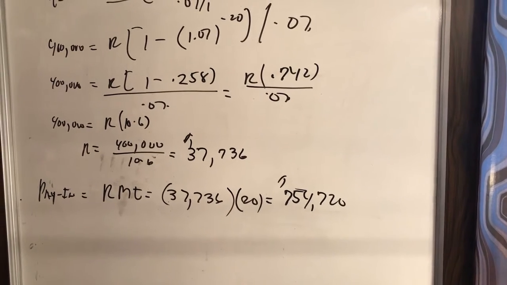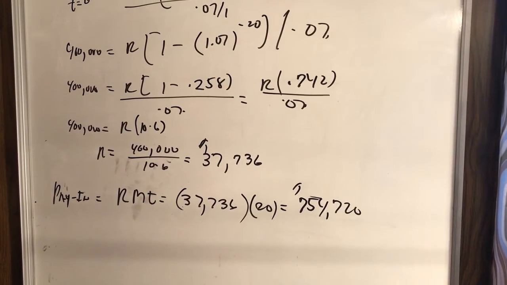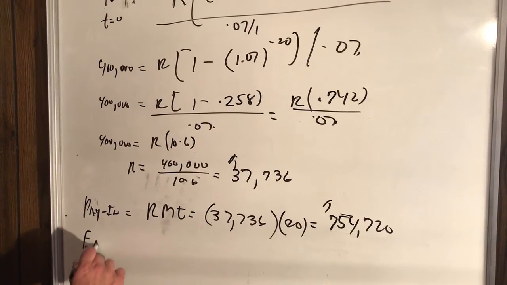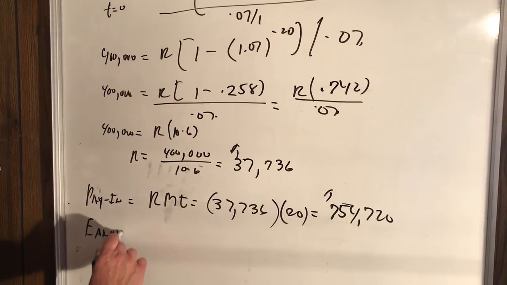Seems like a lot of money, doesn't it? At 7% though, that makes sense, and 20 years. And you're draining it to zero in 20 years, so you're actually pulling principal out too. Right.